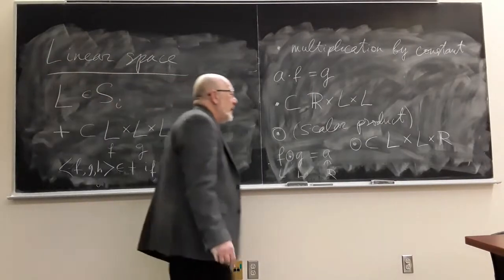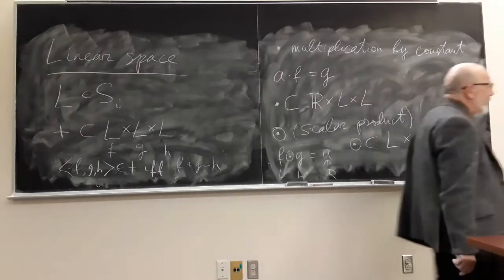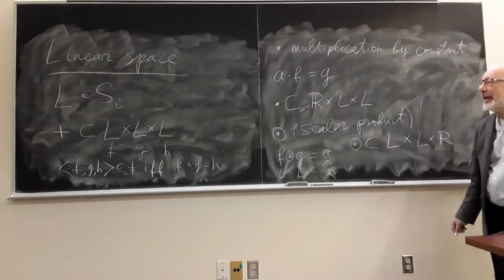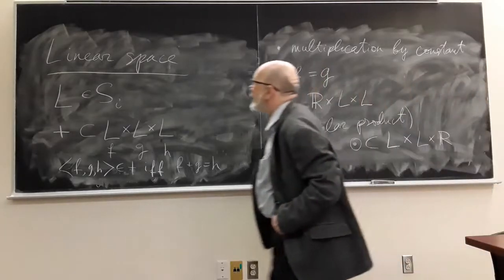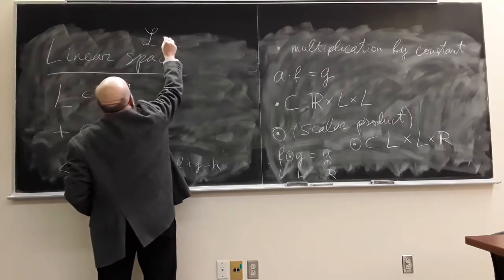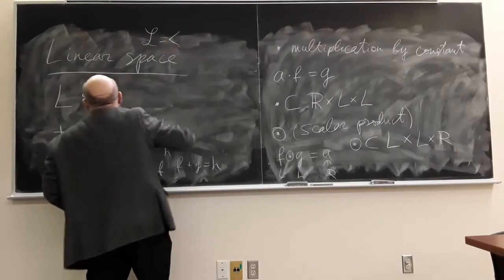Okay, we can add some other structure if we wish, but this is already a lot. So this means that a linear space is the following tuple.